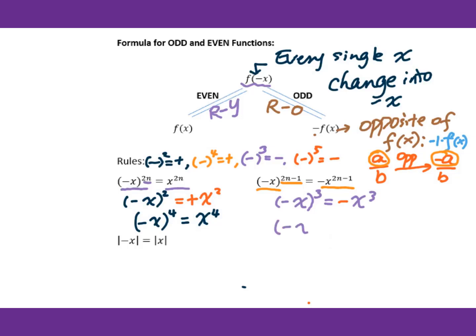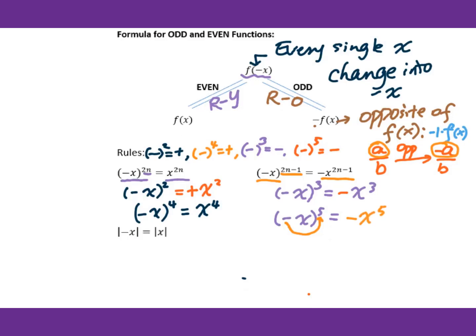Then we have negative x to the fifth power. You do it separately. The negative sign to the fifth power is negative, so we get negative x to the fifth power. Since we know that the absolute value of negative 2 equals positive 2, therefore the absolute value of negative x equals the absolute value of x.